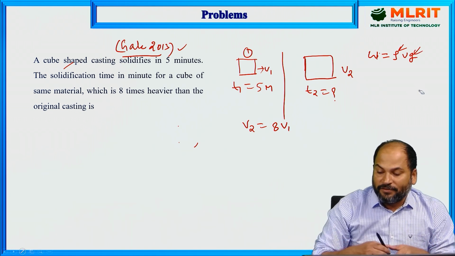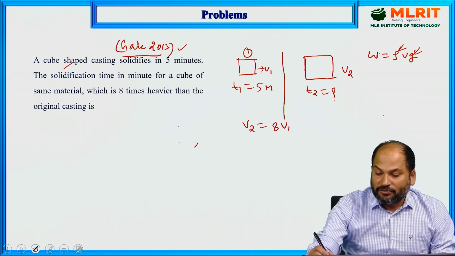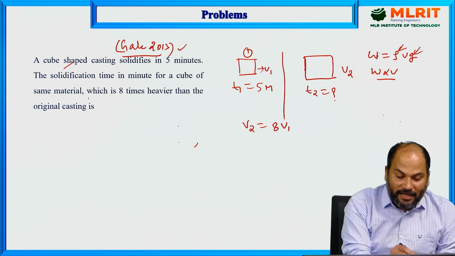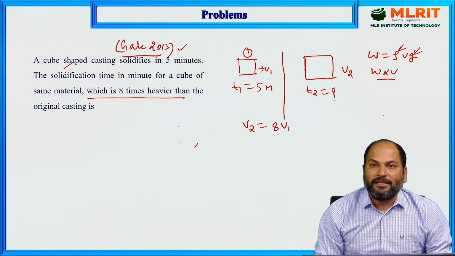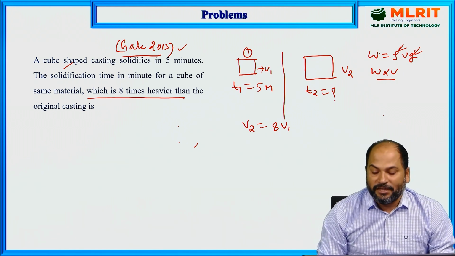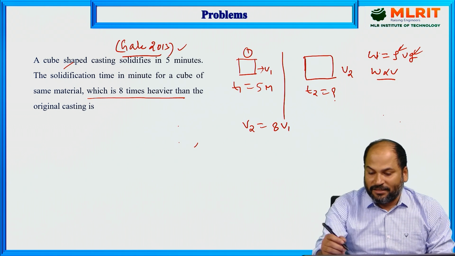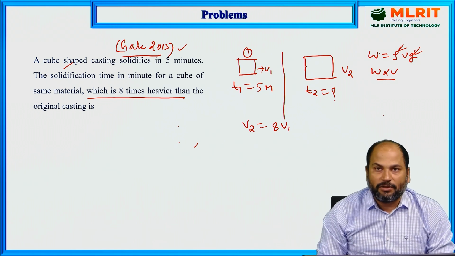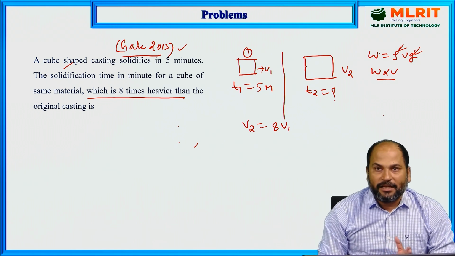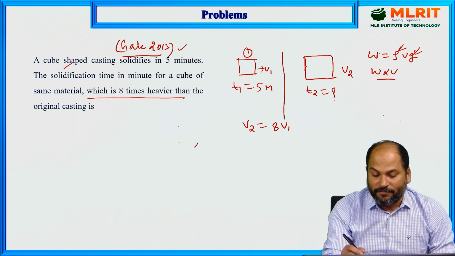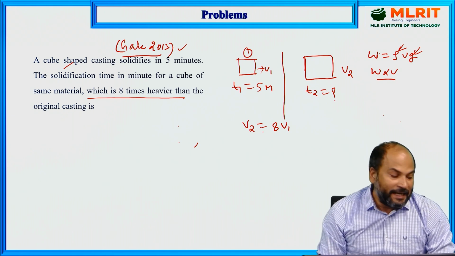So from here we can see that W, that is weight, is directly proportional to volume. So in the problem it is given that it is 8 times heavier, so we can replace weight by volume. The second casting, for which we have to calculate the solidification time, is actually 8 times heavier than the first one, that is V2 is equal to 8 times V1.